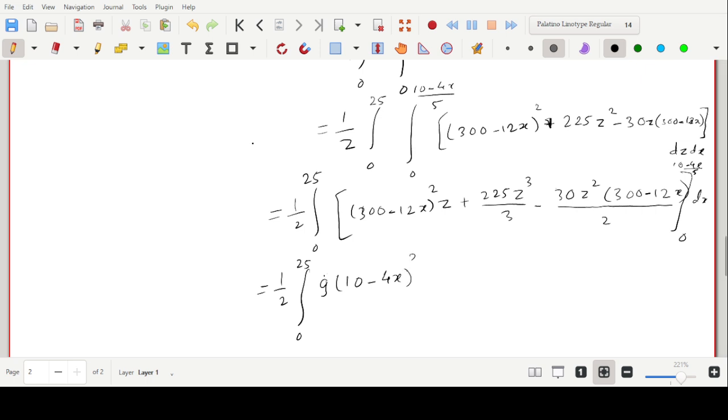So it is cube over 5 minus this 3 divides 2 to 5, so that is 75 z power 4 over 5.